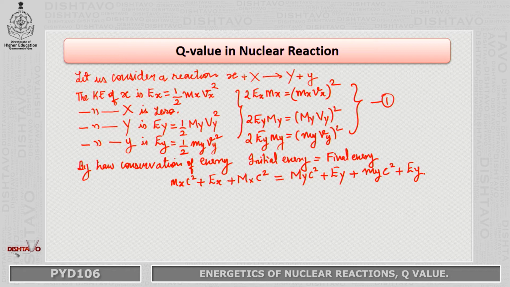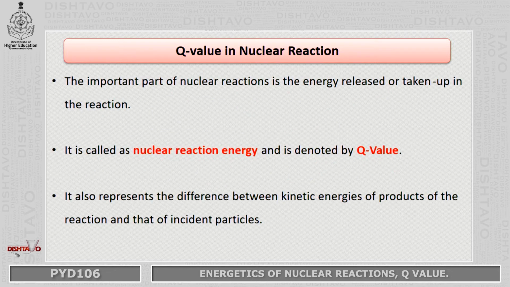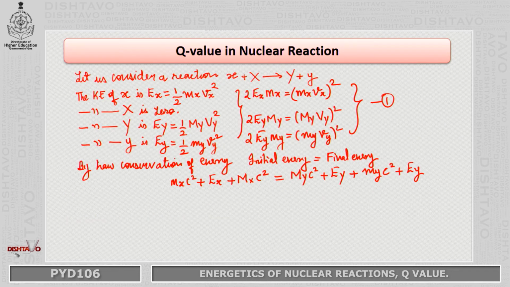Now in our previous definition we have seen that the Q value can be represented by the difference between the kinetic energies of the product particles and the incident particle. So now this is the kinetic energy of the product particles, and this is the kinetic energy of the incident particle. So we will take this on one side of the equation and adjust it for the rest of the terms.